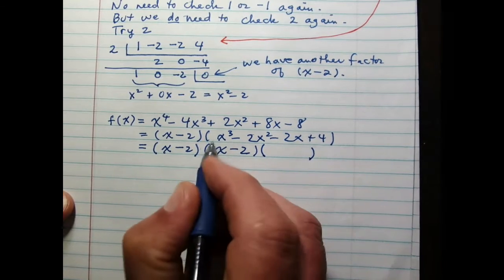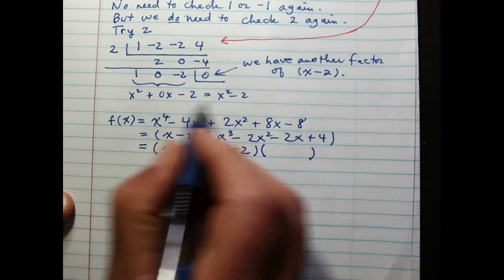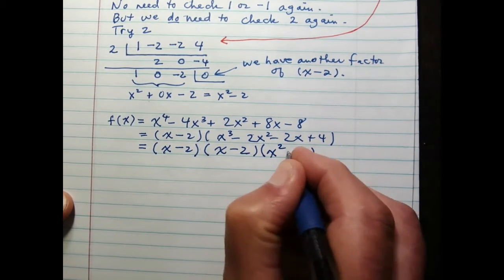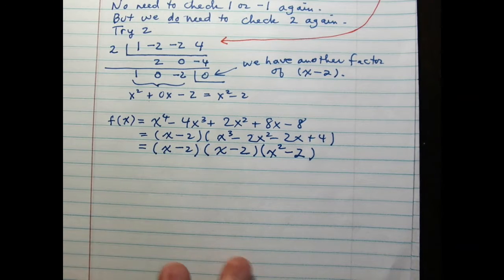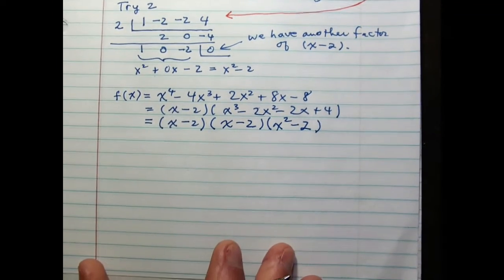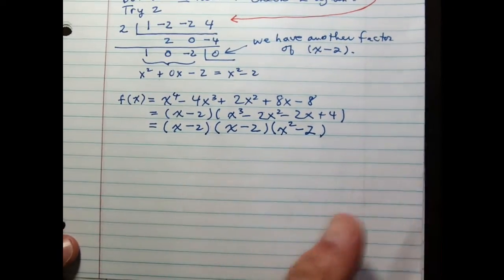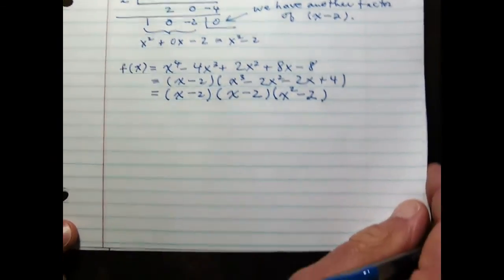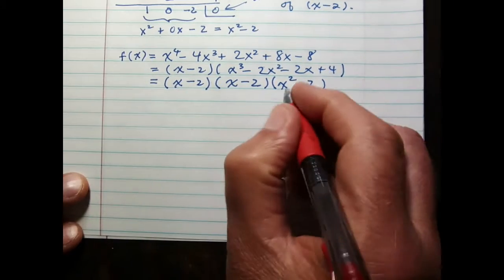And this third degree polynomial will factor into x minus 2 times x squared minus 2. So now we see we have two factors, each of x minus 2, and we have to finish up with this quadratic.